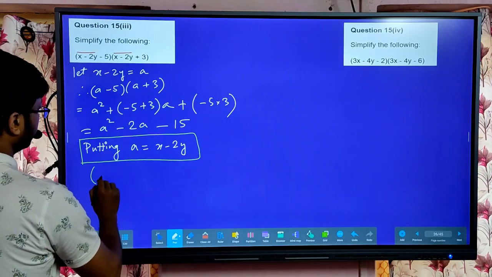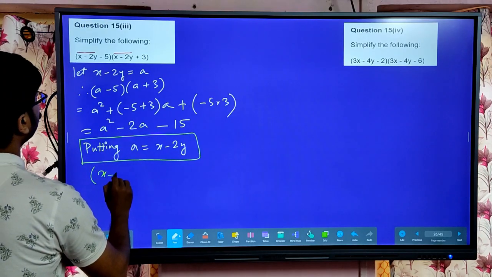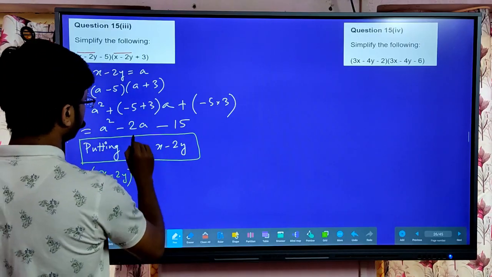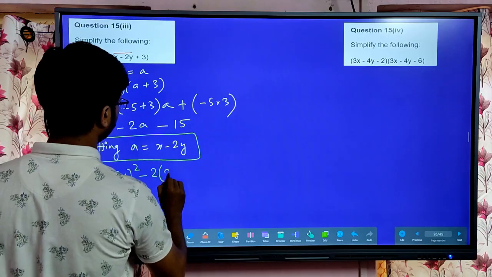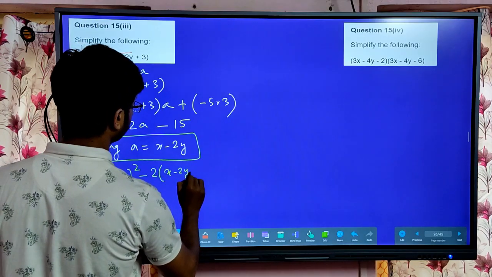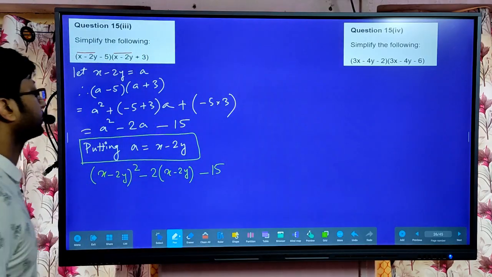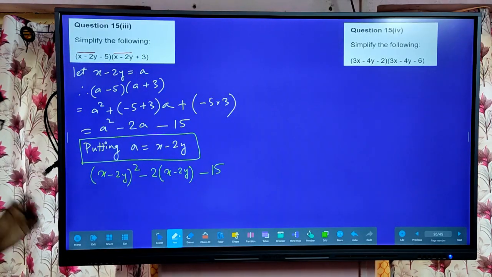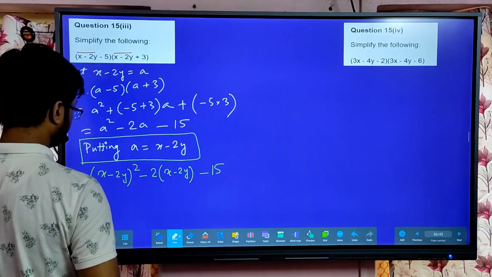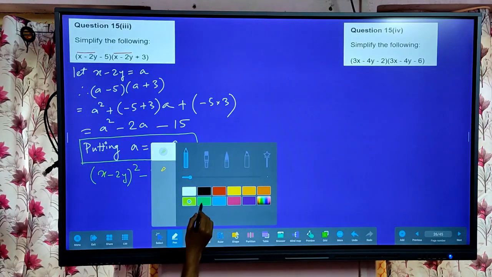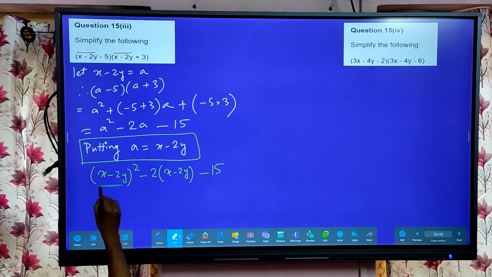It will be x minus 2y whole square minus 2 into x minus 2y minus 15. So you have to break this into whole square.